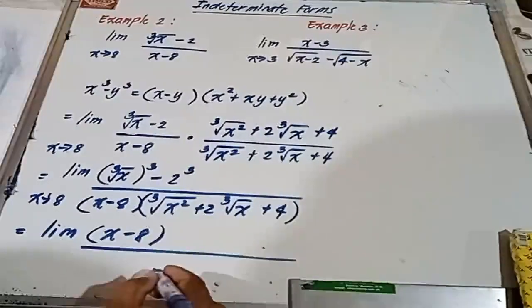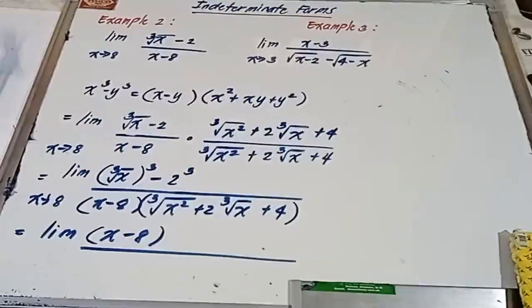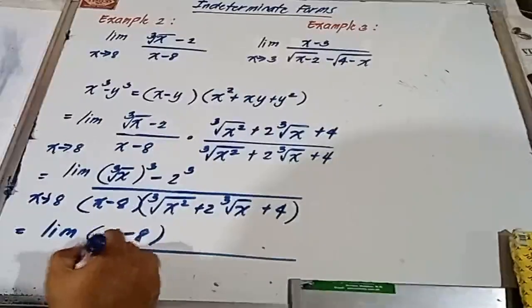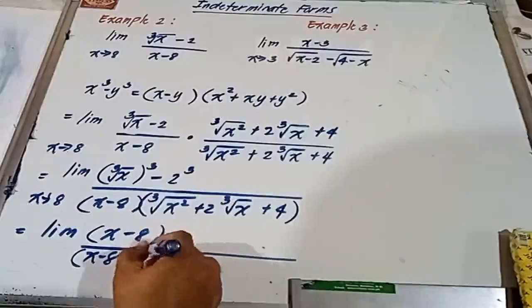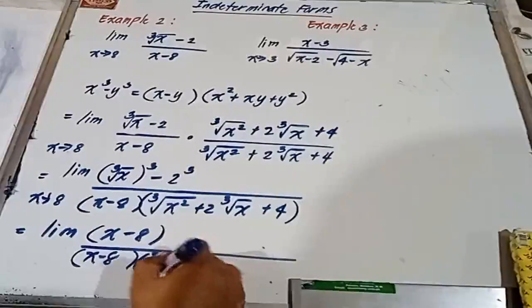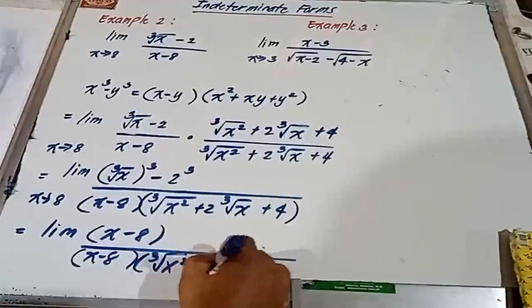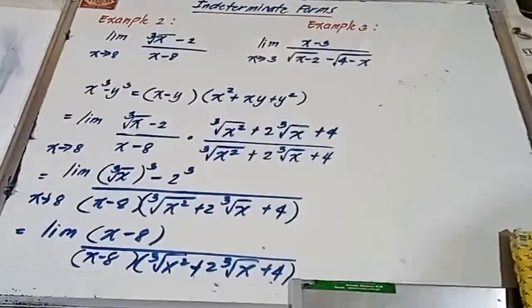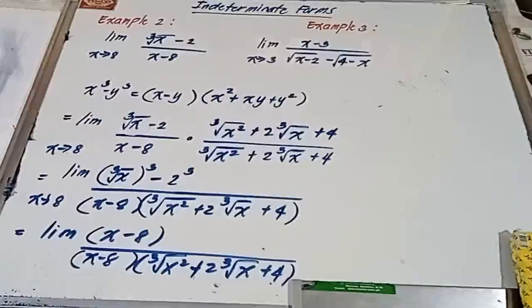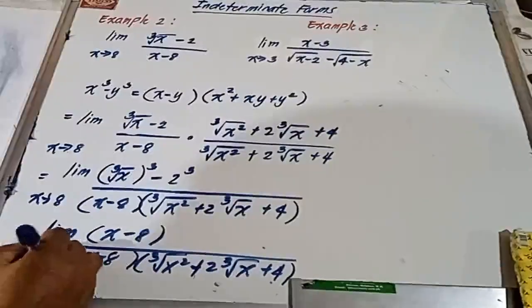All over, we have x minus 8. That will be quantity cube root of x squared plus 2 cube root of x plus 4. Okay? X approaches 8.